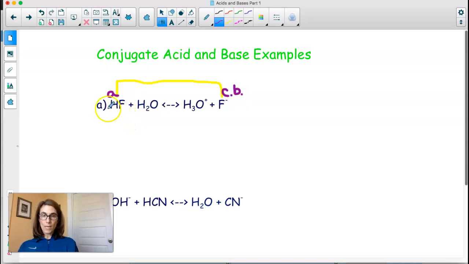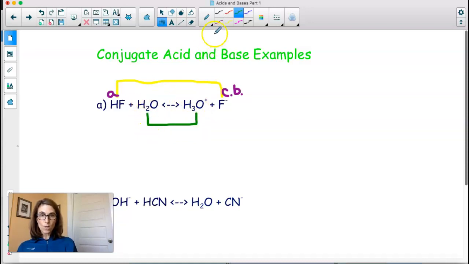Okay, so if HF gave up a hydrogen, that means that water should have accepted a hydrogen, and let's make sure that that happened. So water goes from H2O to H3O plus. So it did in fact go up by one hydrogen ion, okay?